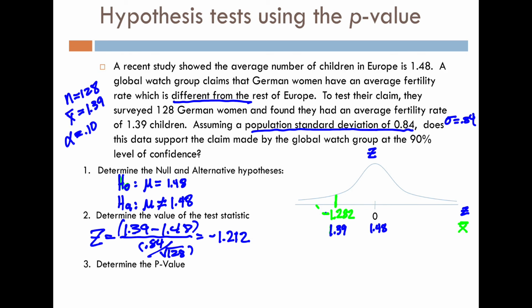And because it's a two-tailed test, because of our not equal to in the alternative hypothesis, my area is going to be to the left of negative 1.212, but then also to the right of 1.212. I keep on saying 82. I don't know why I keep doing that. And the area to the right over here.